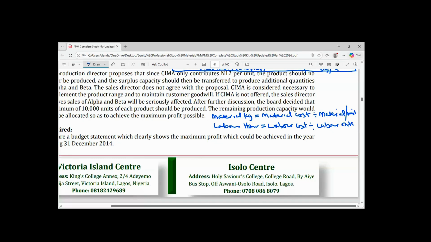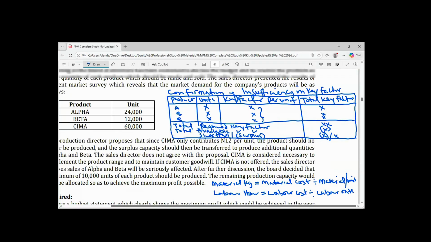To get the material kilogram per unit, divide the material cost by the material price per unit. To get the labor hour, divide labor cost by the labor rate or wage rate, whatever it is, and you get your labor hour. So again, this is the table that you are going to use to confirm the insufficiency in the key factor. So that's step one.